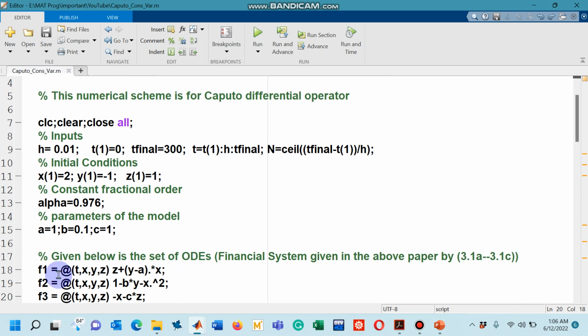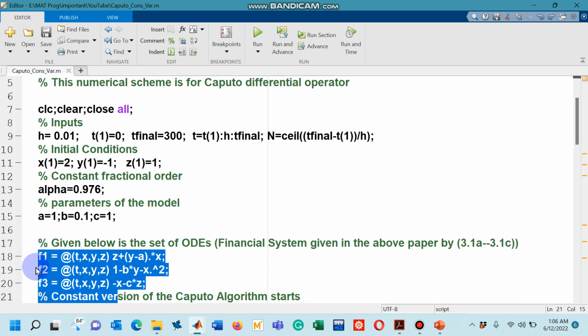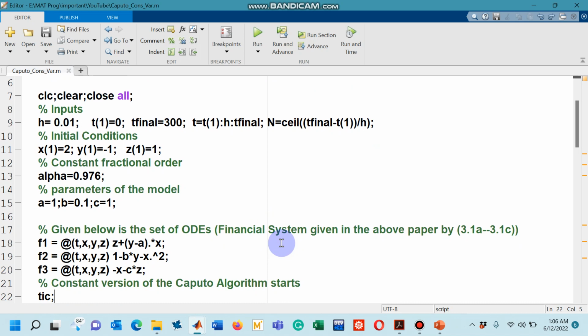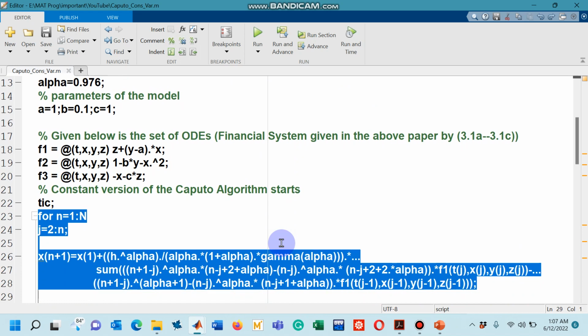Starting from line numbers 18, 19, and 20, you can see the three governing equations that constitute the financial system given in the paper. Now look at the constant version of the Caputo algorithm that has been proposed in the research paper in equation 4.10, a new numerical scheme.